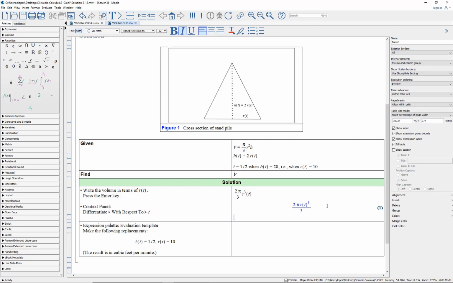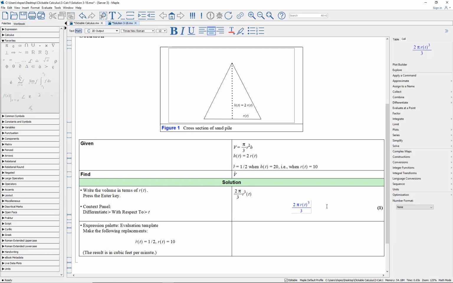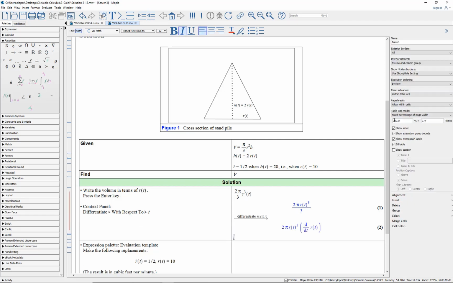This is the expression for the volume. Its rate of change, that's a derivative with respect to t. You want to evaluate this when r is 10 and dr dt is a half.